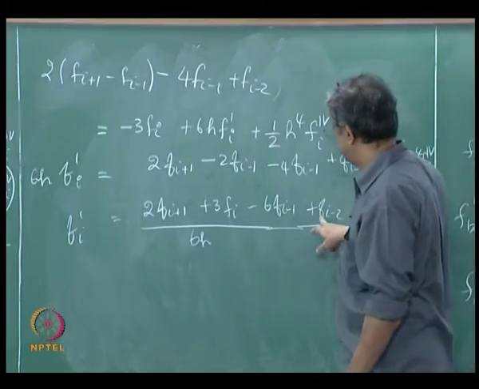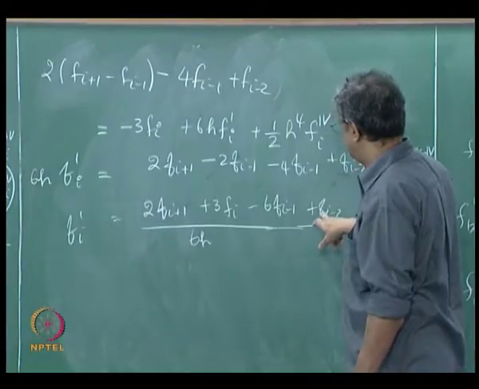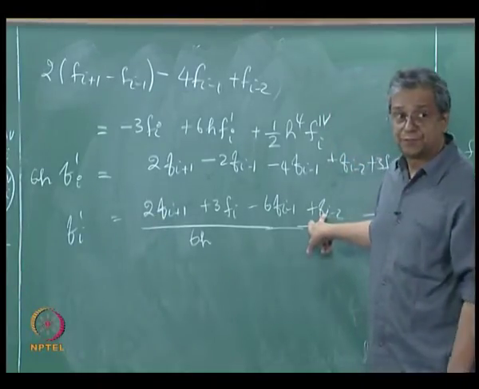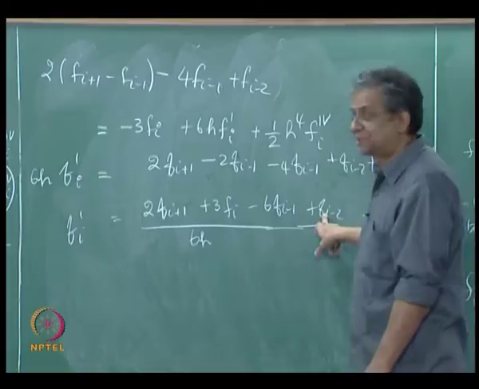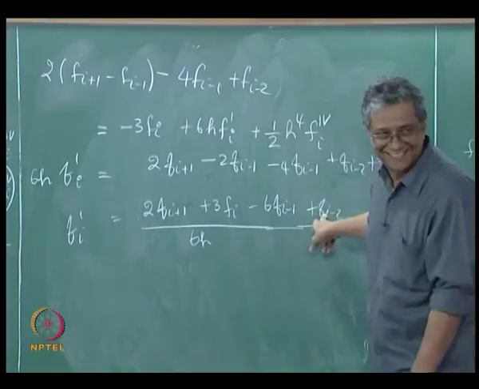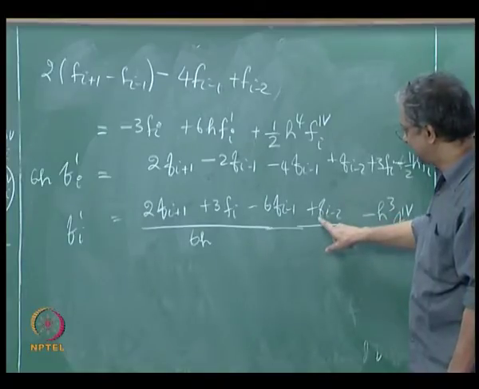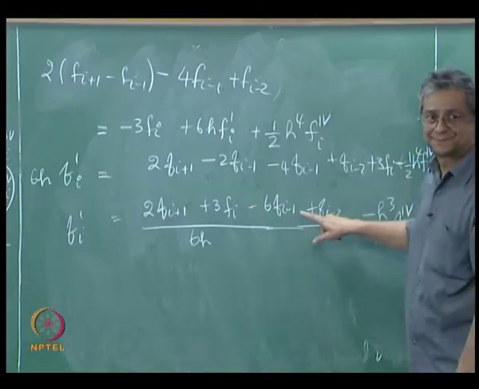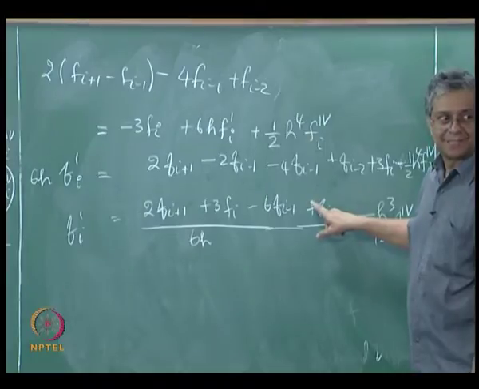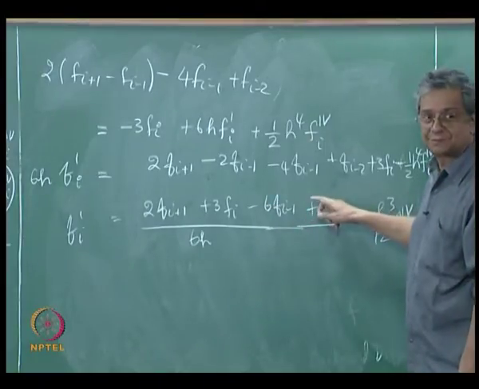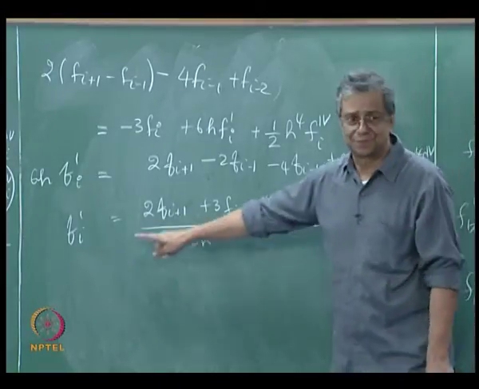Let me add them up. I am performing a test here, it may not be obvious. The test that I am performing is adding up the coefficients in the numerator, and in fact they do add up to 0.